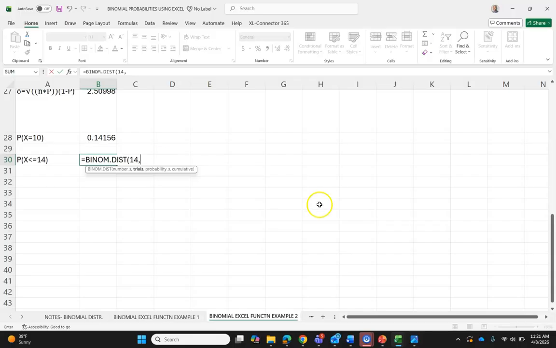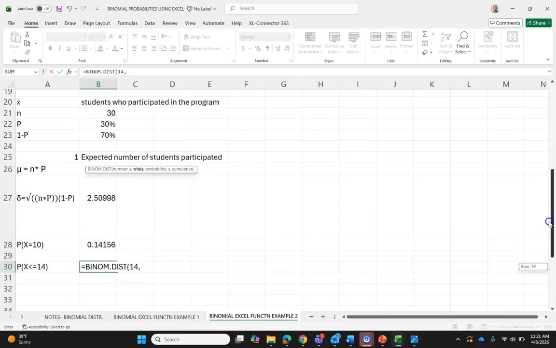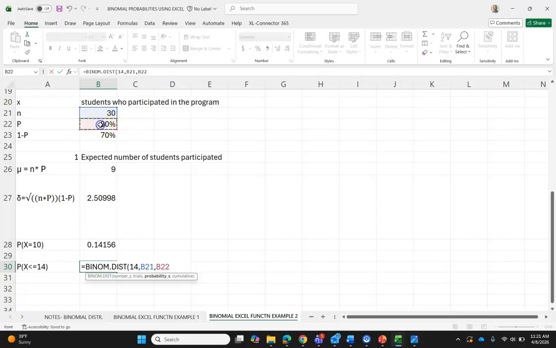The number of trials is 30, and then the probability of success is 30%. In this case, we are considering cumulative, less or equal, so it is false.